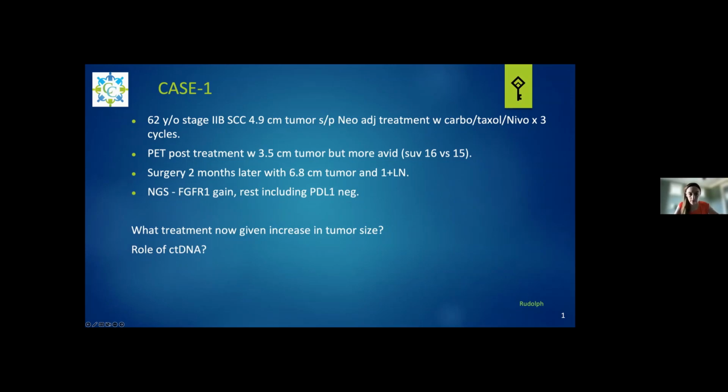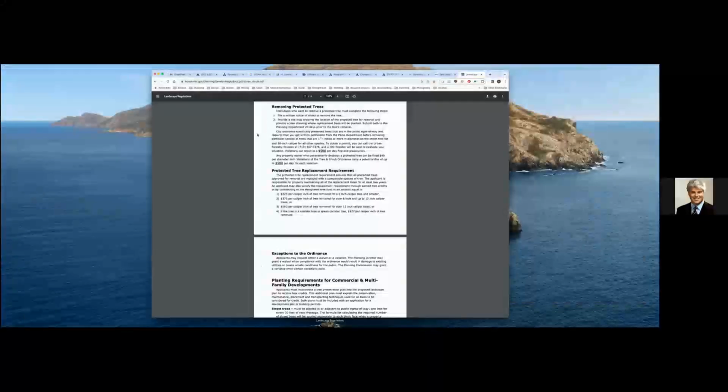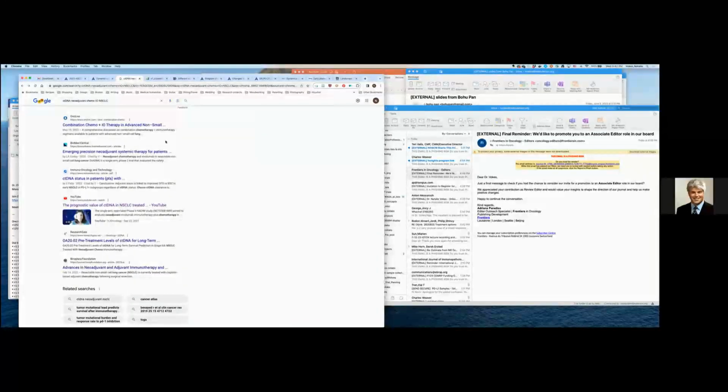For adjuvant atezo, they did, but I actually had it open, so I can take a look. But you can give adjuvant pembro, for sure, irrespective of PD-L1. Yeah, sure. Yeah, it works no better in high PD-L1.